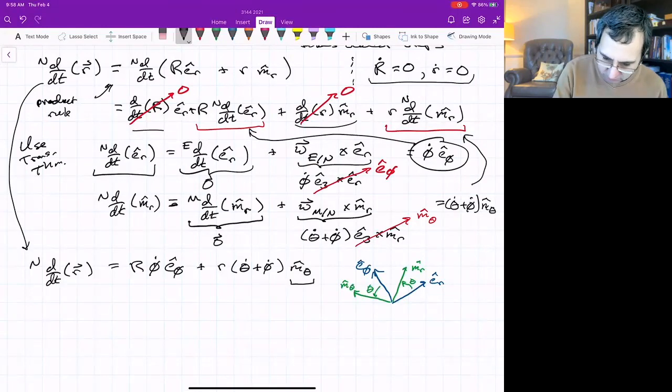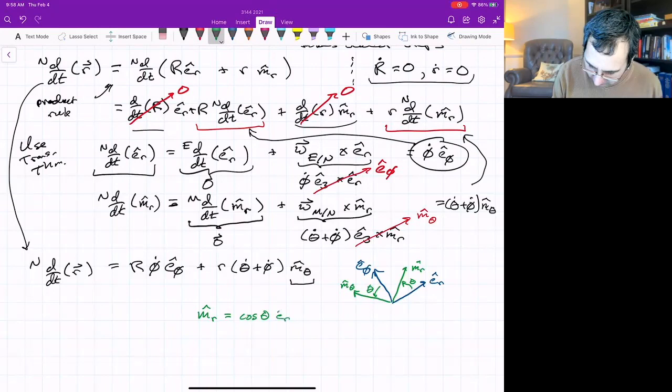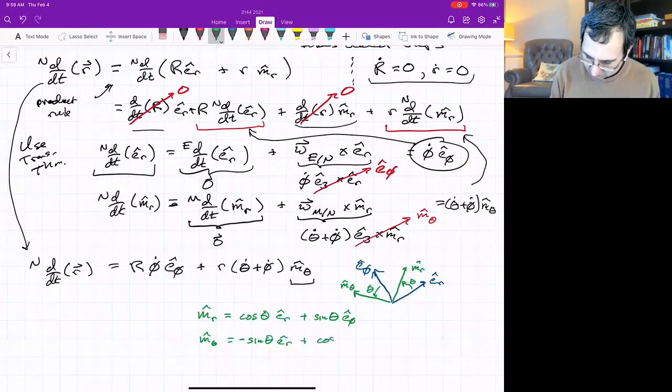So I'm going to do both. MR equals cosine theta ER plus sine theta E phi. M theta is negative sine theta ER plus cosine theta E phi.